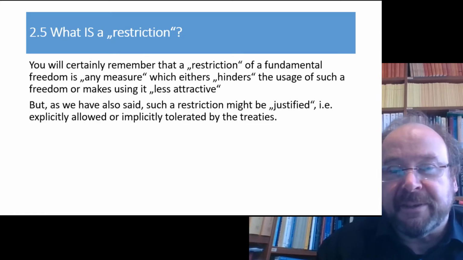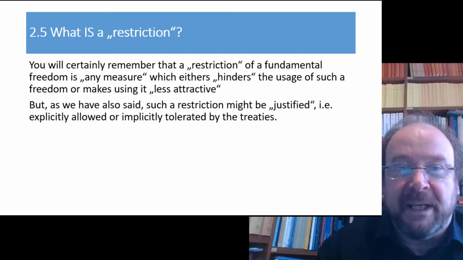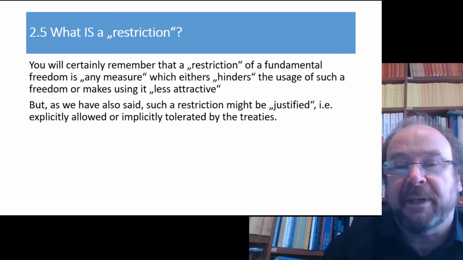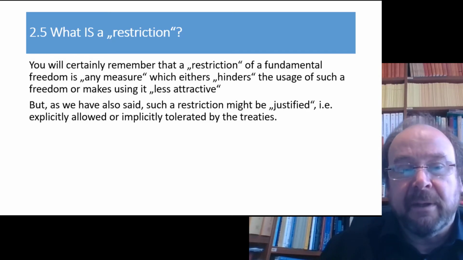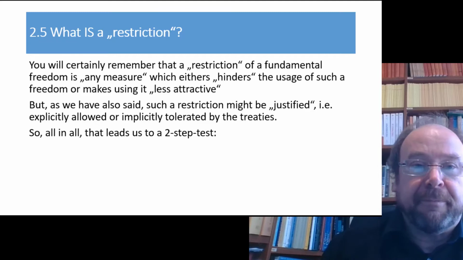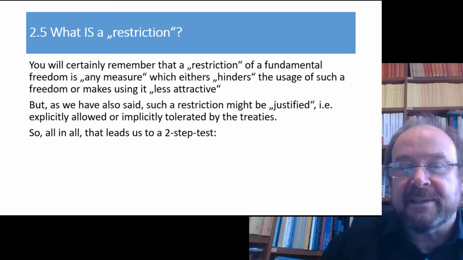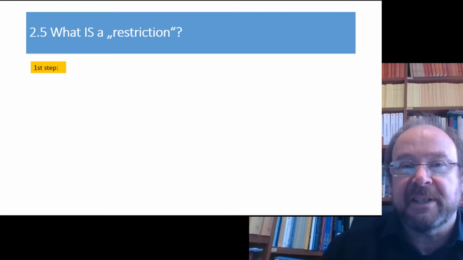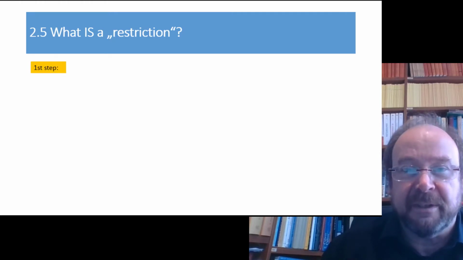We have also seen that such a restriction might be justified, so it is explicitly allowed or implicitly tolerated by the treaty. And this leads us, all in all, to a two-step test if a restriction is a forbidden restriction of a fundamental freedom.